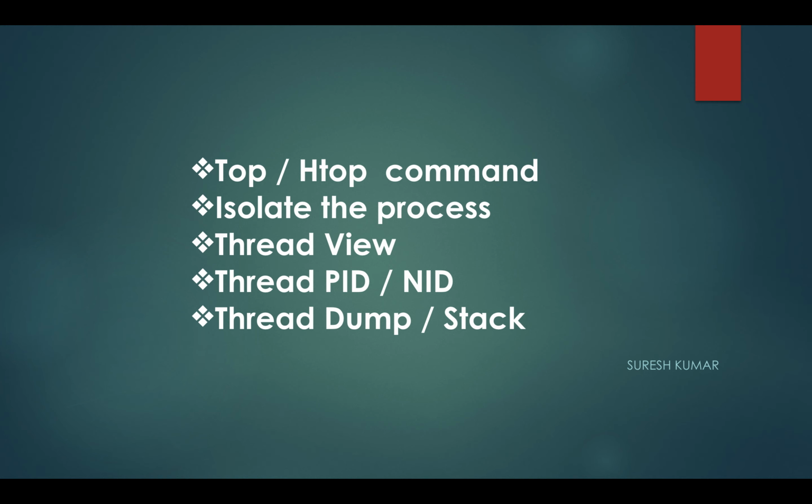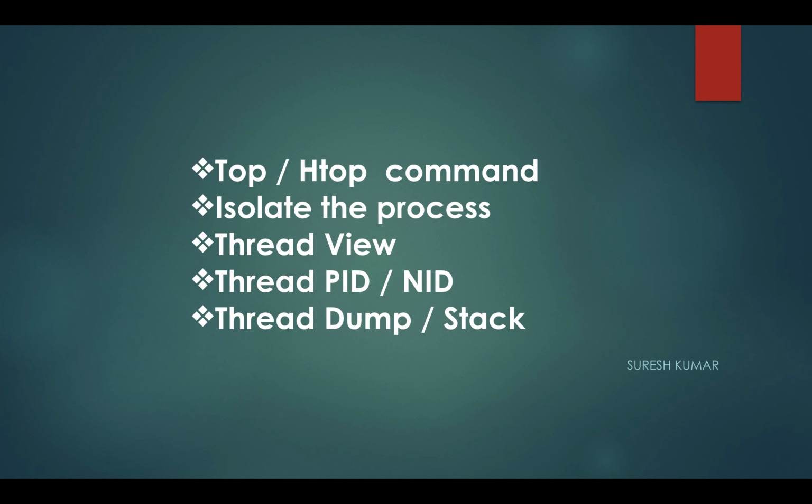And one more thing we are going to see is the thread process ID, which will be shown on the top command. We are going to take that and match that PID to the thread stack, the thread dump, where it is called the native ID. PID is actually a decimal number, but NID is a hexadecimal number.